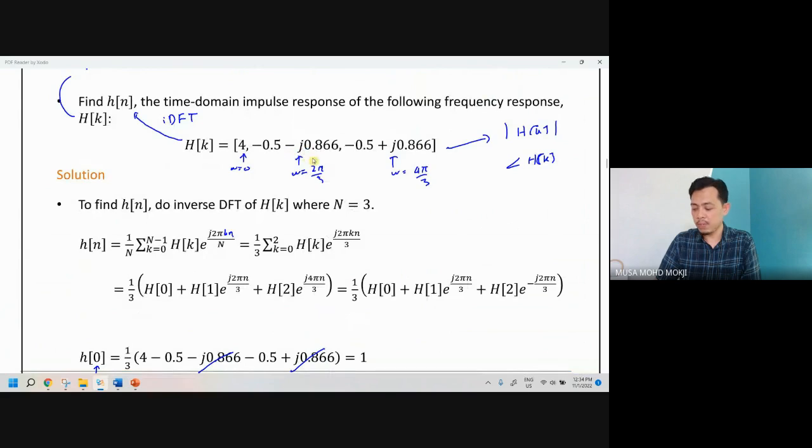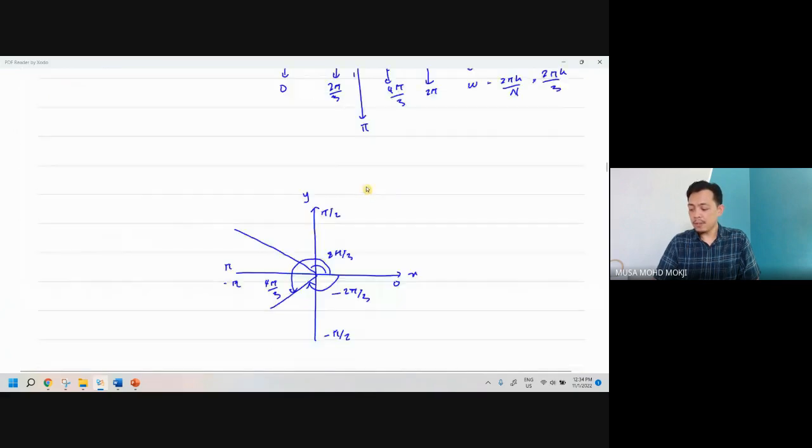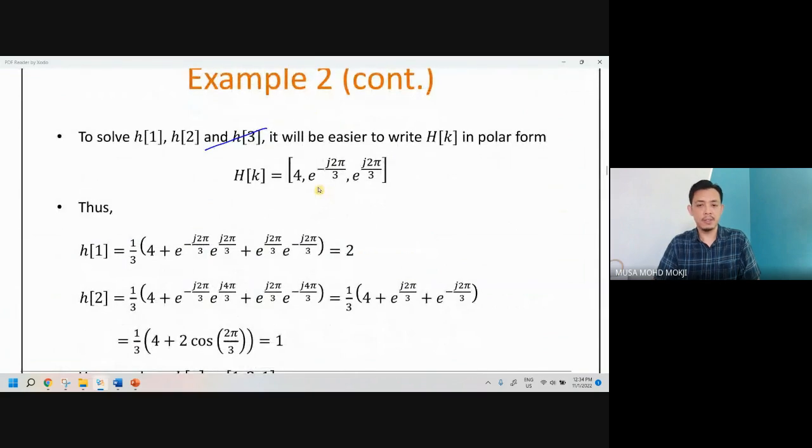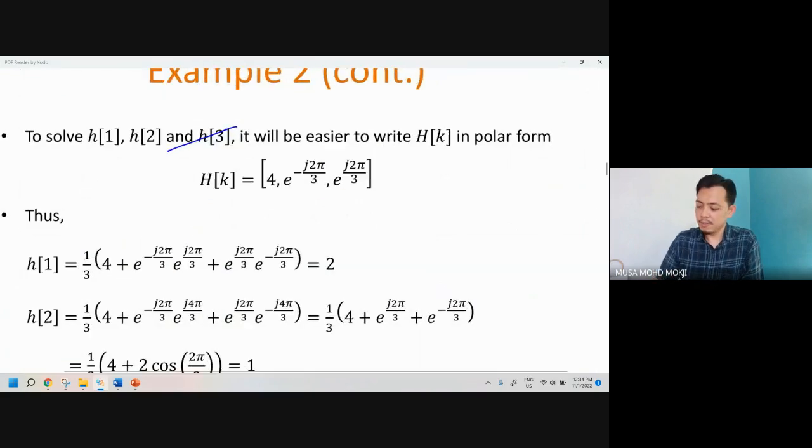If you have a complex value, you can have it either in coordinate form or in polar form. This is what we call coordinate form, represented by real and imaginary values. But in polar form, you represent it based on magnitude and phase.